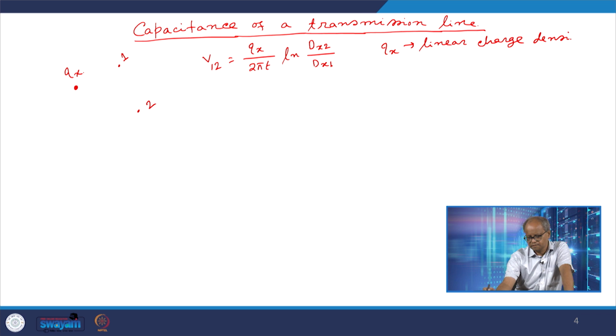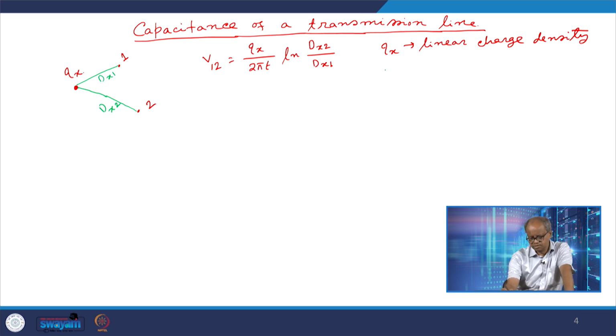Dx2 is the distance from the charge to point 2. So this is dx2. So dx2 is the distance between point 2 and the charge, and dx1 is the distance between point 1 and the charge. So d stands for distance.